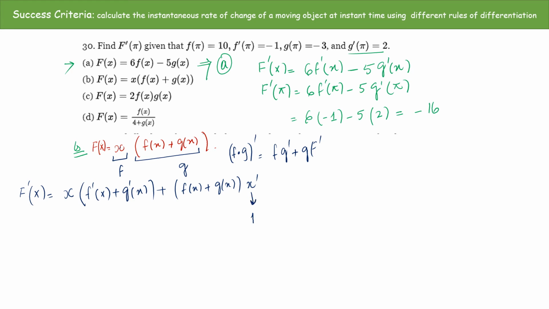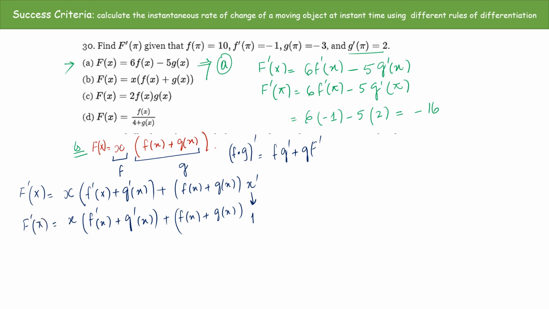The derivative of x is 1. The rest, just write as it is, f of x plus g of x. No need to open the bracket, as you have to evaluate the derivative of the function in the end. So don't make your life difficult, just replace it and solve it. Now look at this, all the x should be replaced by pi.